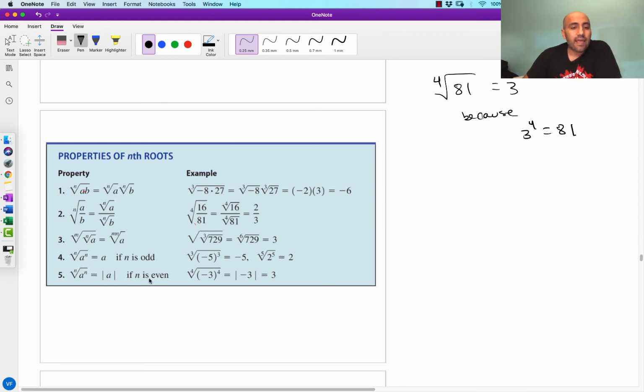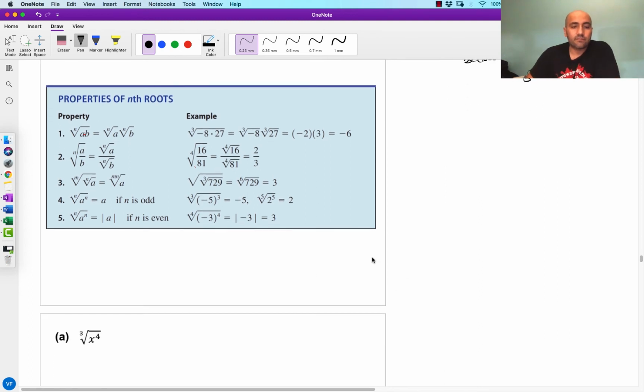If, on the other hand, n is even, then it's not true that they just give you a. This is, in fact, a way of defining the absolute value function. So, for example, let's say n is even, say n equals 4. And I have the fourth root of something raised to the fourth power.